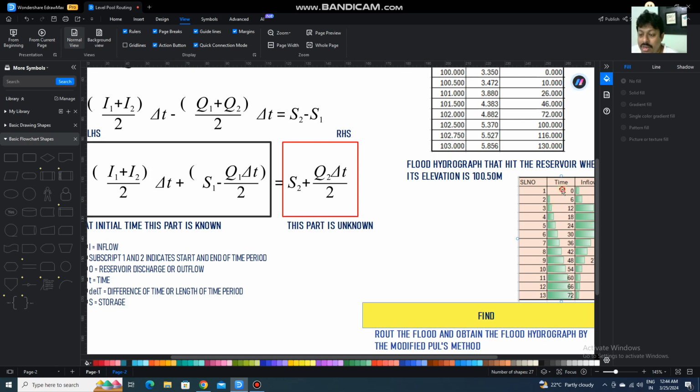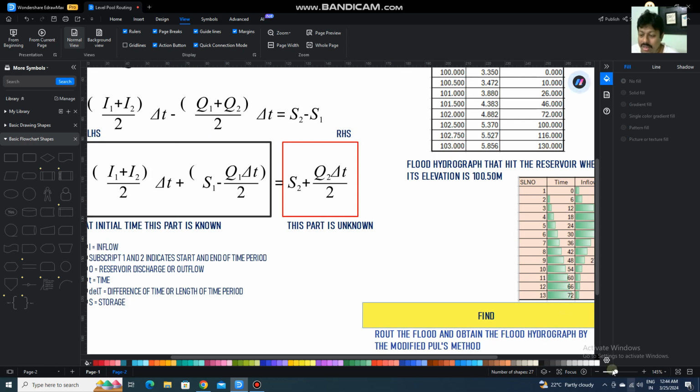So this is 1, the entering time, this is 2, the finishing time. 0 is the initial time, 6 is the finishing time. Again, for 6 to 12, the 6th hour to the 12th hour, the initial time is 6, the finishing time or the ending time is 12, and so on.